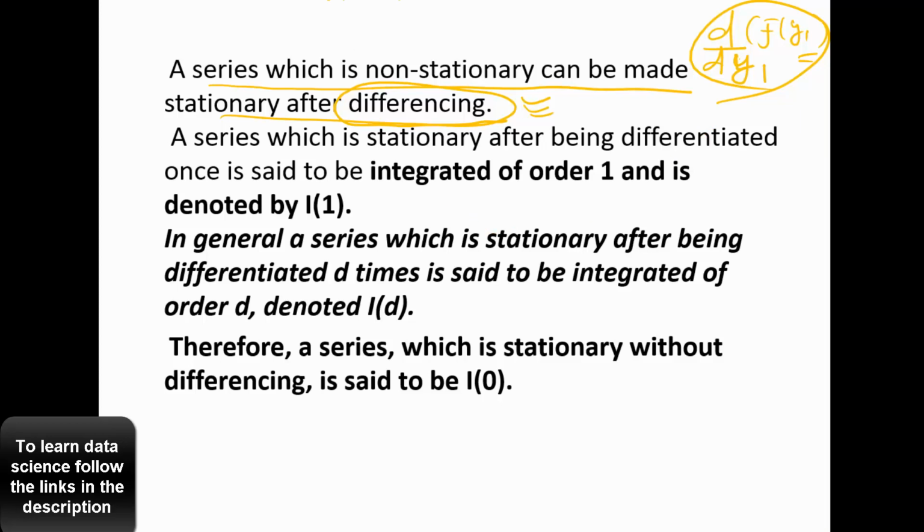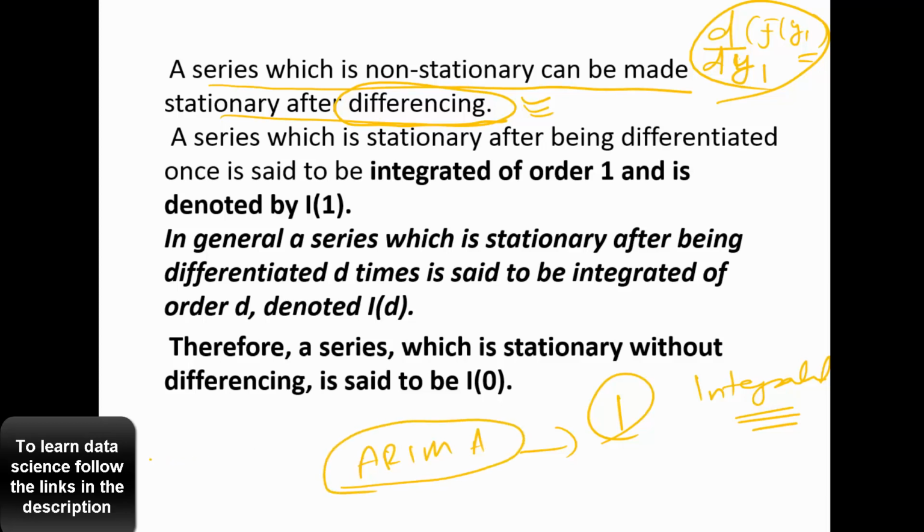And that's why in the ARIMA model, you might have heard about ARIMA, the I term stands for integrated, right? We talked about AR, MA, ARMA. So ARIMA is another type of model where the I term is there. The I term means integrated, that means differencing.